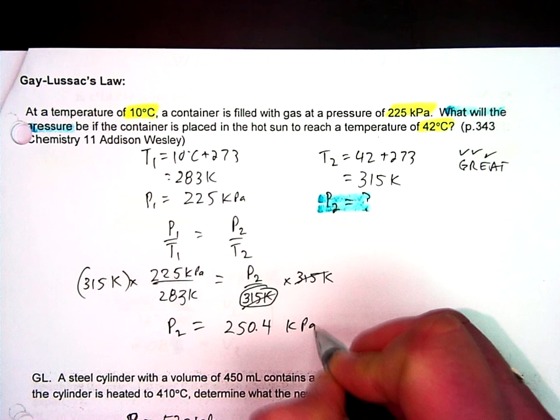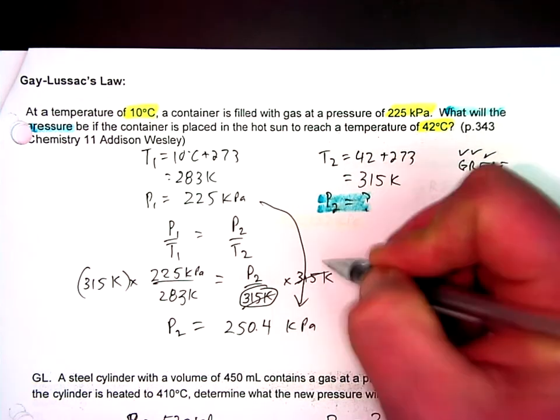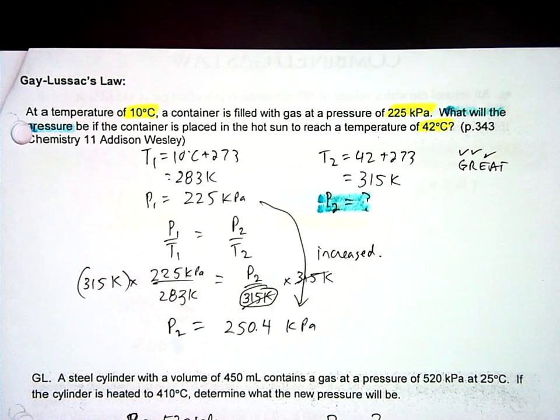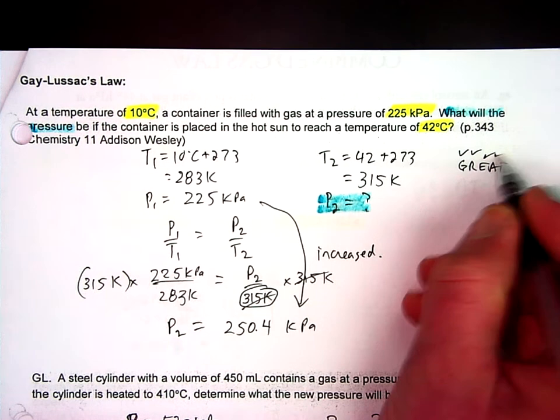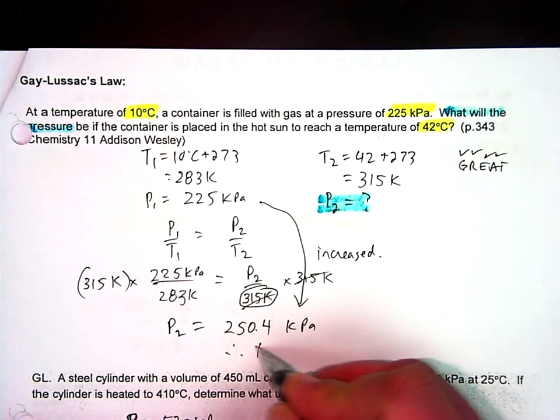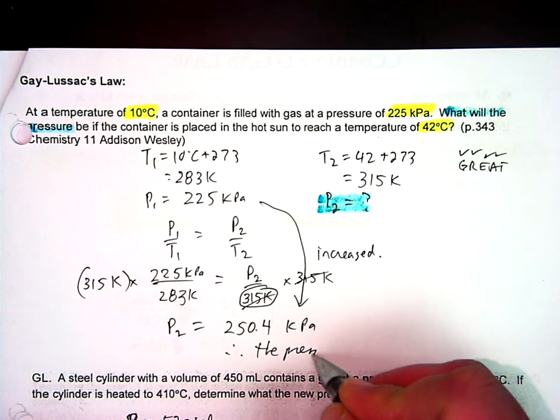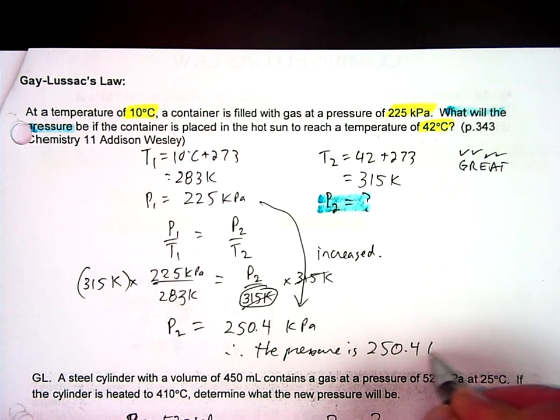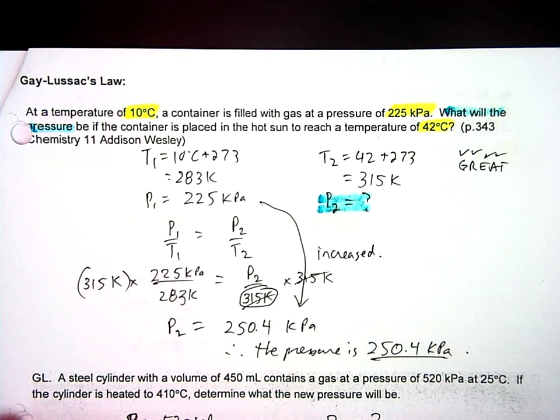So the pressure has gone up, increased, because the temperature increased, but not by a ton. Okay? So that's my answer, and then my therefore statement. Therefore, the pressure is 250.4 kilopascals, which is increased.